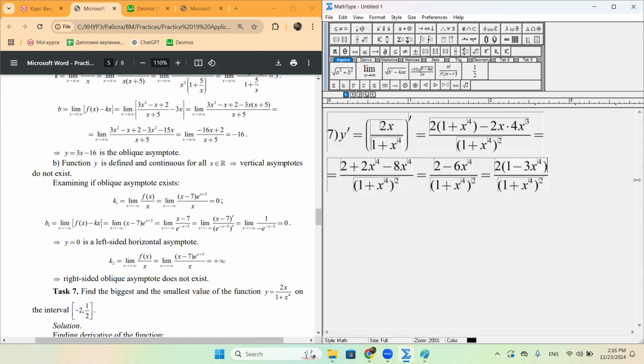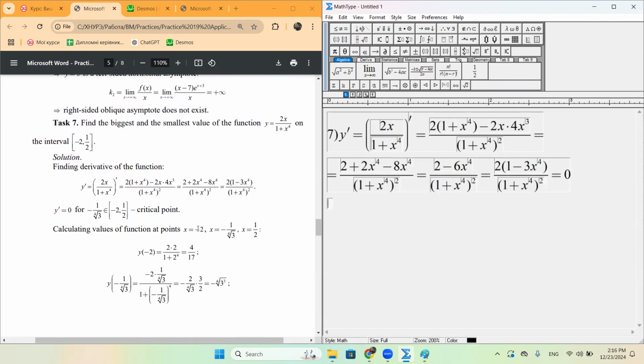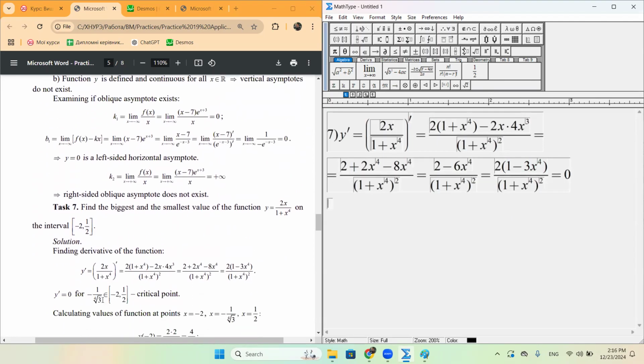We will not solve this equation to find where it equals 0. Let's just accept that this is the solution, and this point belongs to this interval: 1 minus root of the fourth power of 3.